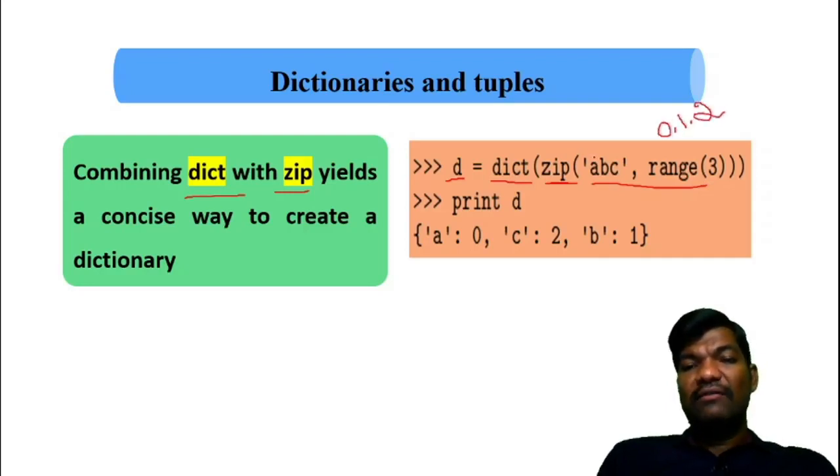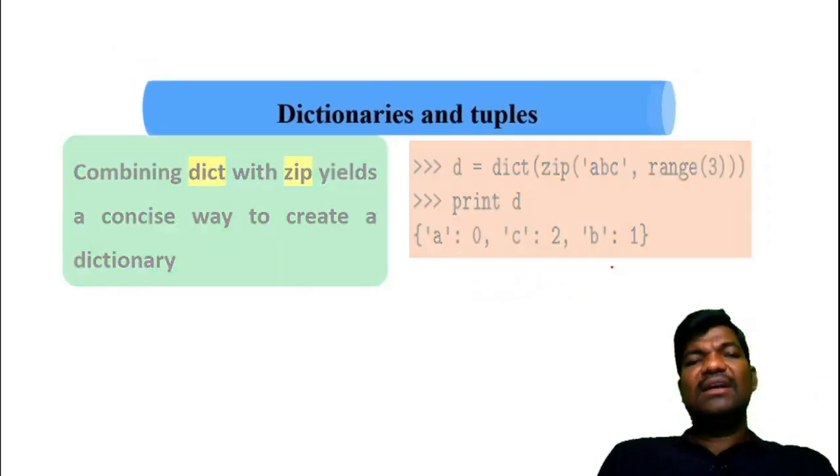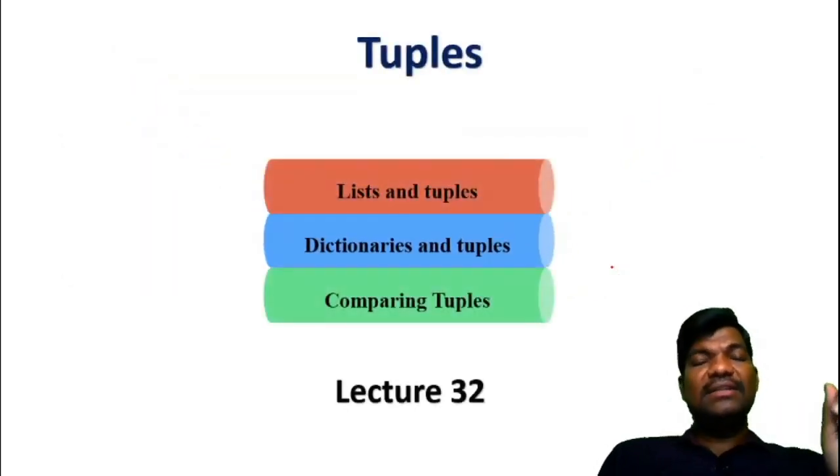So for a the value is 0, for b the value is 1, for c the value is 2. These can be in any order, no problem, because a dictionary is unordered.